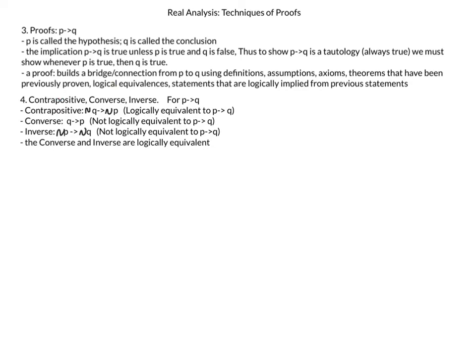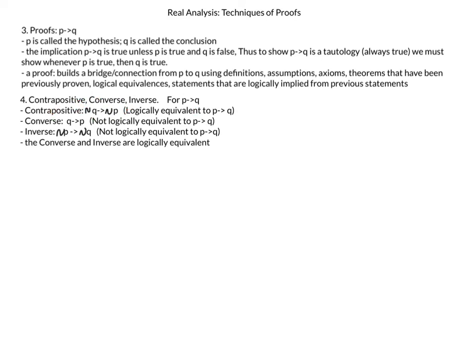If we have the implication P implies Q, the contrapositive is not Q implies not P. And these two, the contrapositive and the original implication, are logically equivalent. So in other words, if P implies Q is true, then not Q implies not P is true.